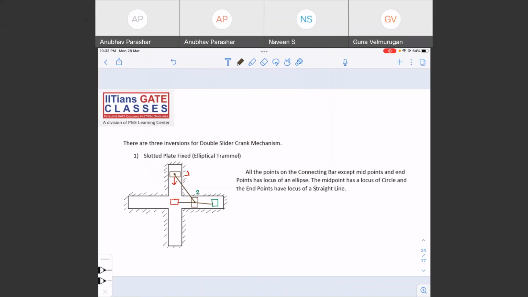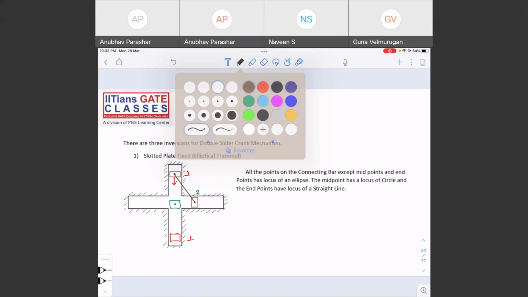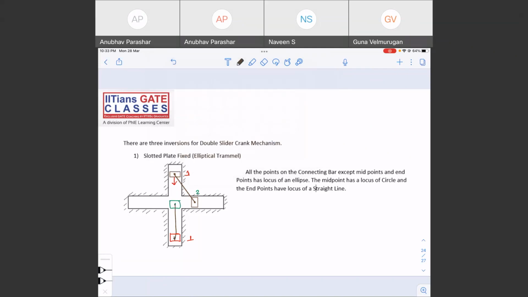Right? Then when 1 reaches here, 2 will be somewhere here. Then again this will go on happening.